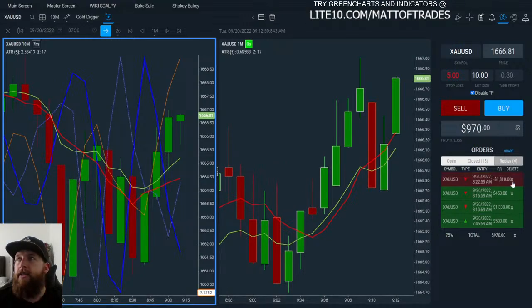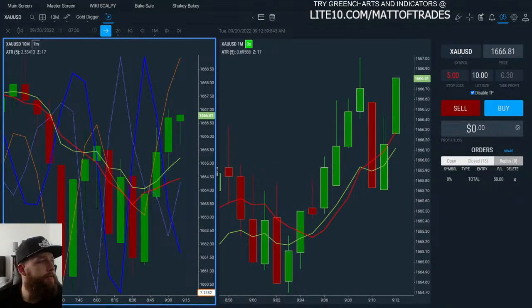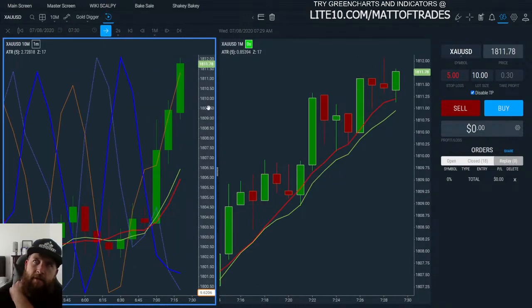Okay, next day. 7/8/2020. Again, I'm just using a random date generator to pick these days. Get a variety of different market conditions to get quality backtesting.